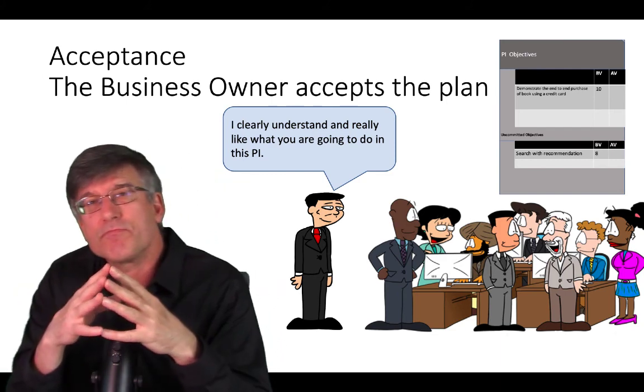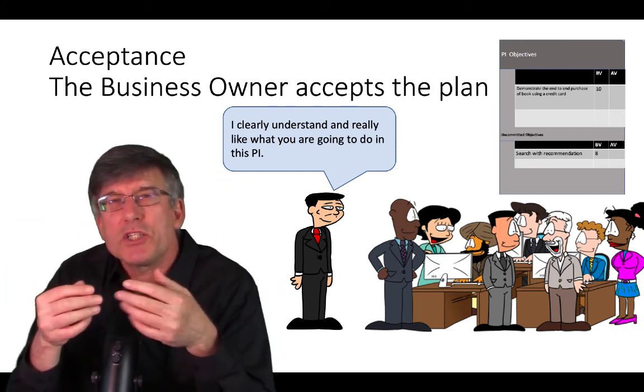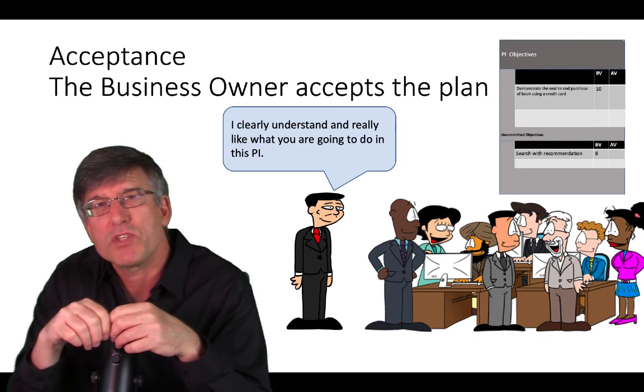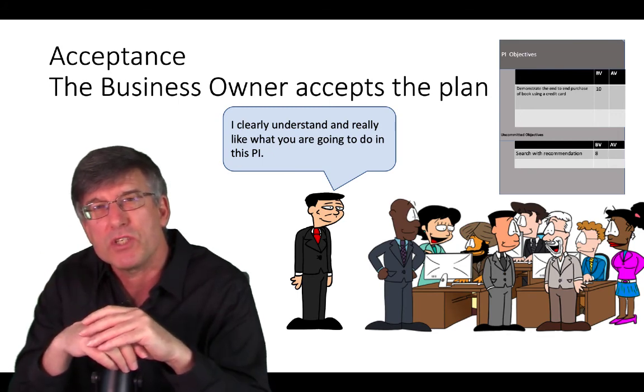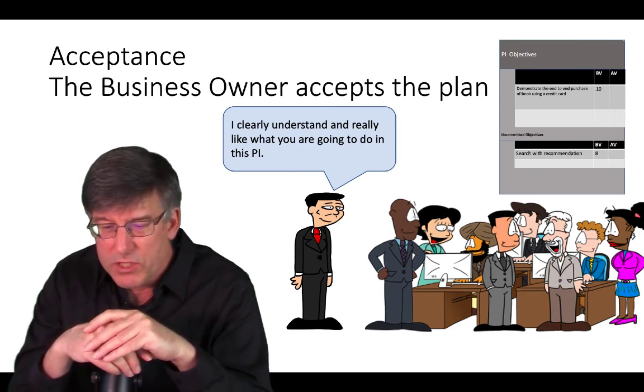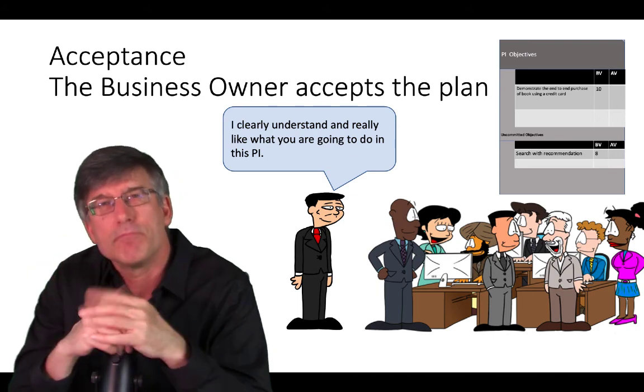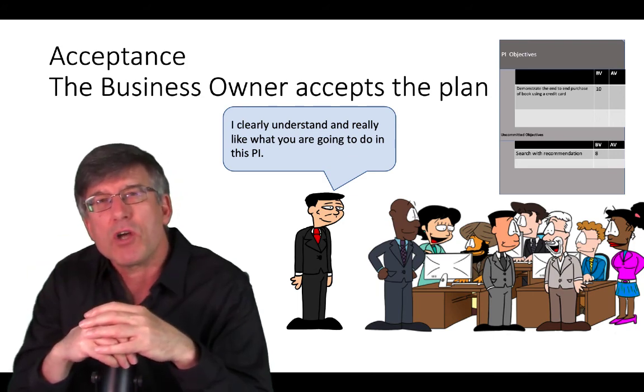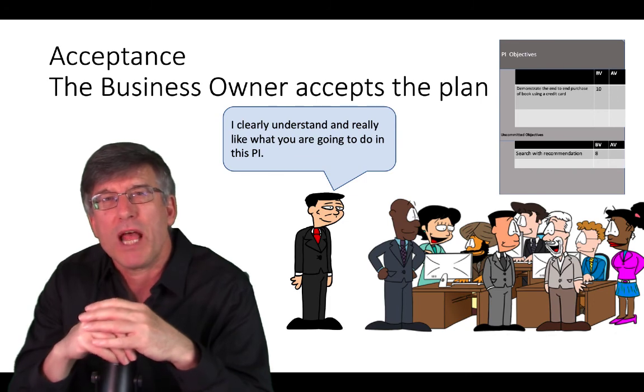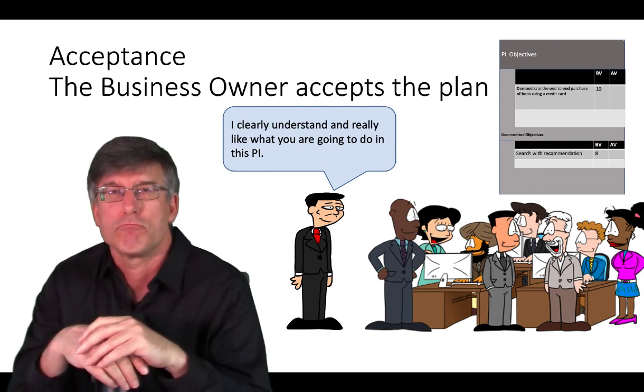So now, once we've gone through the calculation, we've put our objectives together, and the business owner has given them a business value, the business owner can then say, hey, I really like what's on your plan. That looks like a good plan to me. I accept it.